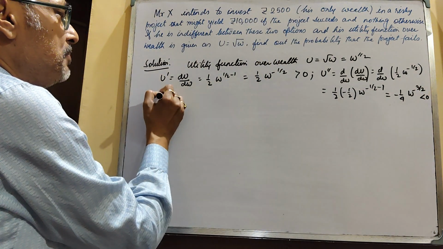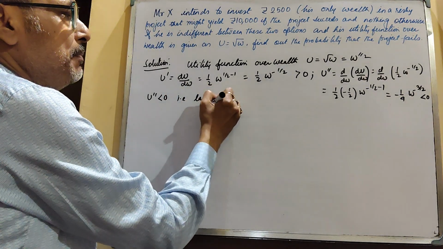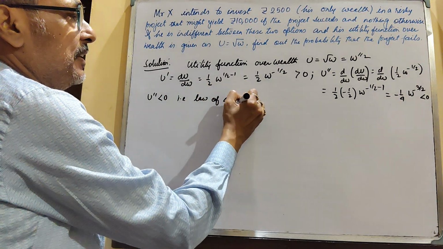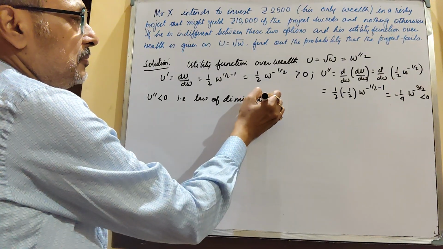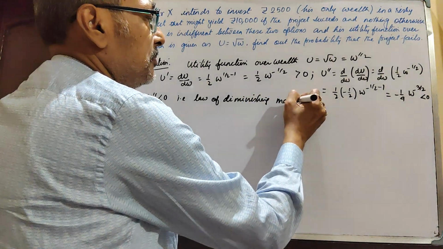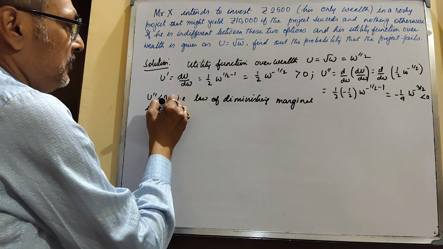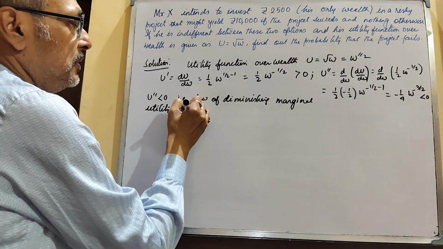U double prime negative means diminishing marginal utility holds.